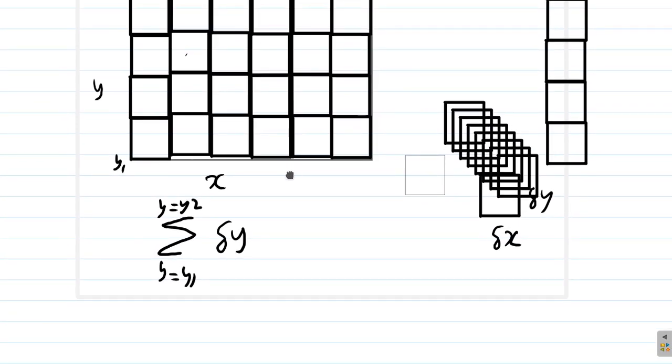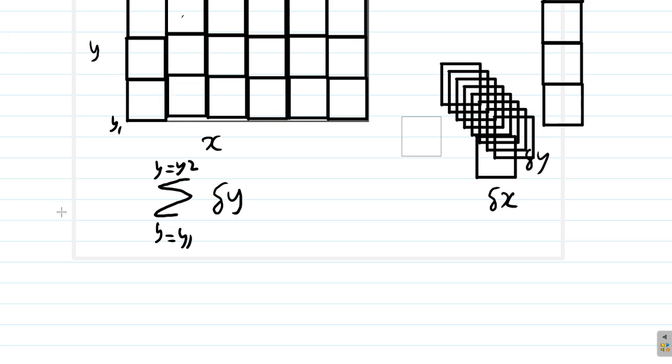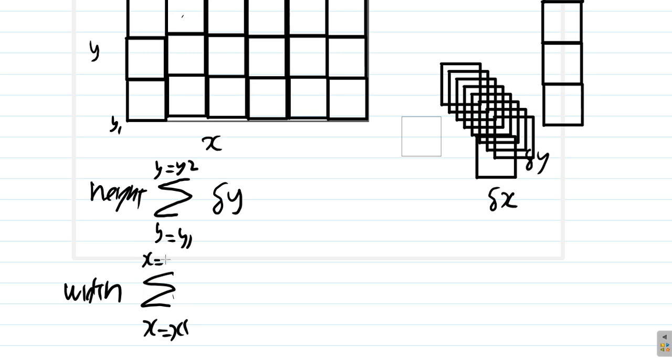Now the width going across, we're adding this delta x plus delta x plus delta x plus delta x plus delta x plus delta x. So we're adding up. Alright, so this is the height and the width. We're adding from x equal to, let's call on the left x1 and the right x equal to x2, whatever it is. So we have x1 here and x2 here. And what we added a while ago is delta x.